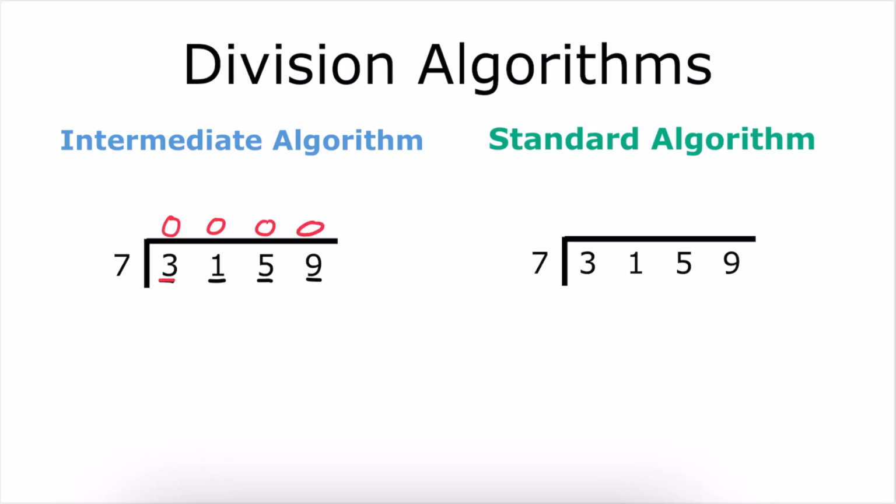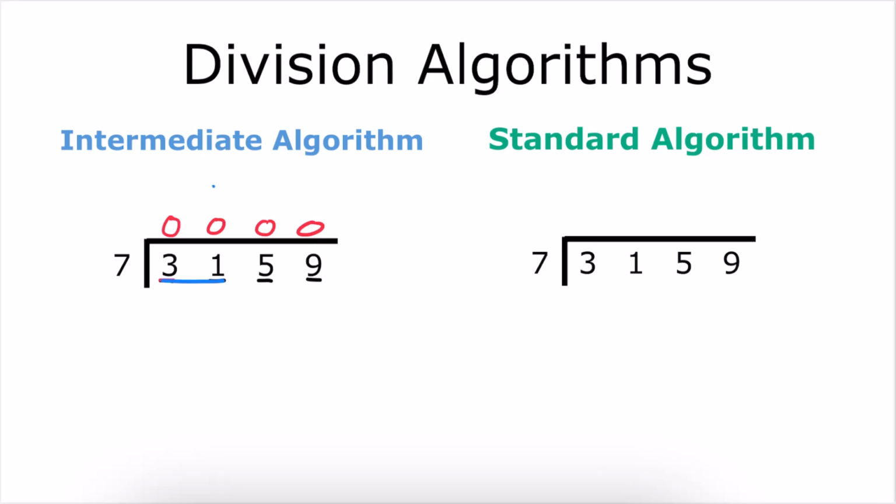And then, since I have 0 thousands, I'm going to take all of my thousands and convert them into hundreds, which means that I now have 31 hundreds. And that is enough hundreds to split up into 7 groups, because if I skip count by sevens, I have 7, 14, so 2 in each group would be 14 hundreds, 3 in each group would be 21 hundreds, and 4 in each group would be 28, but I don't have enough to put 5 in each group because that would be 35 hundreds.